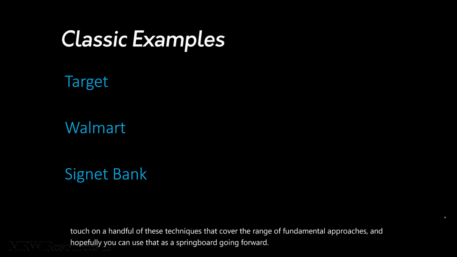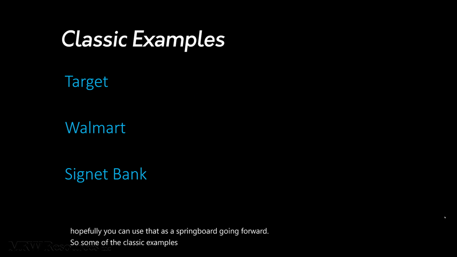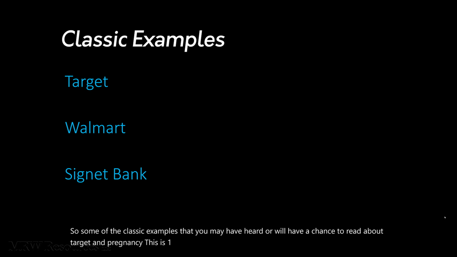So some of the classic examples that you may have heard or will have a chance to read about: Target and pregnancy. This is one that became a classic marketing case. The data scientists at Target, one in particular, was able to put together an algorithm that took 25 items and put together a profile based on those of a woman in her early second trimester of pregnancy.